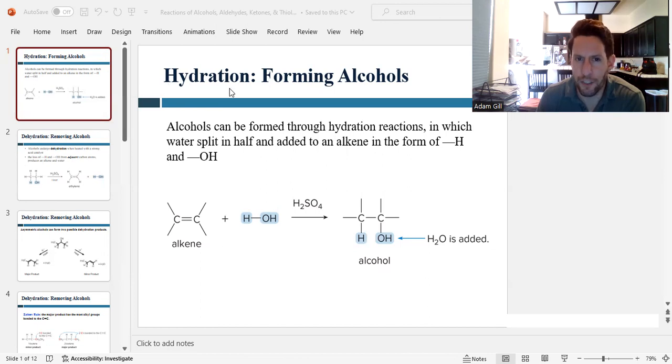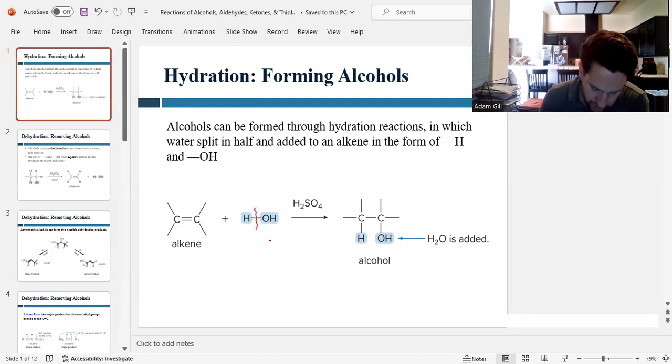This is the hydration reaction, in which you take an alkene and react it with water using an acid catalyst, and the water splits apart as H and OH. One half of it adds to one of the carbons as H, and the other half of the water adds to the other carbon as OH.